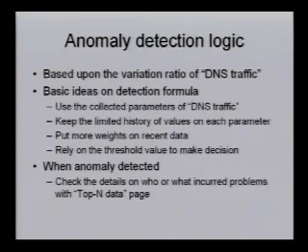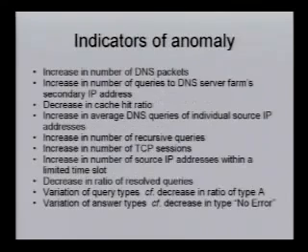Keep a limited history of values on each parameter and put more weight on recent data. And then we make a decision for anomaly with those threshold values. When an anomaly is detected, we check the details on who or what incurred problems with the tab and data pages.